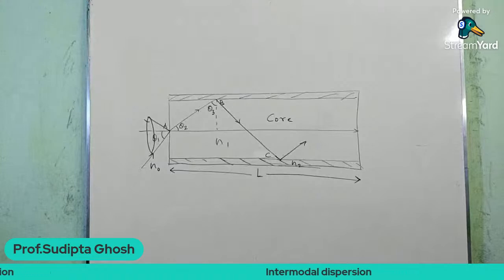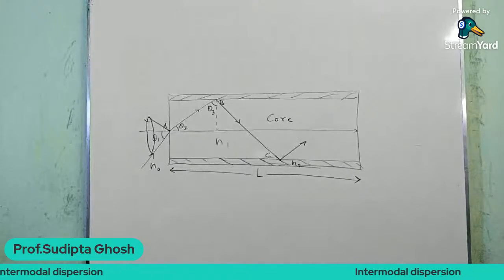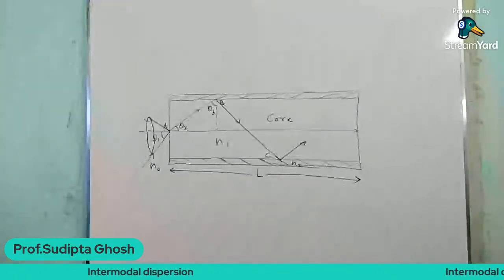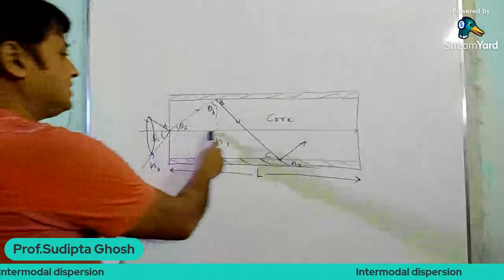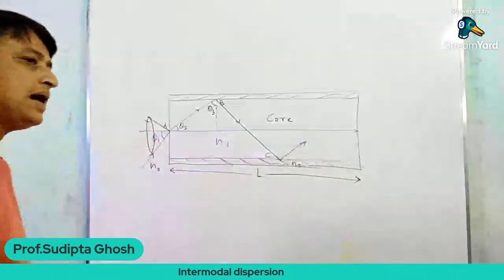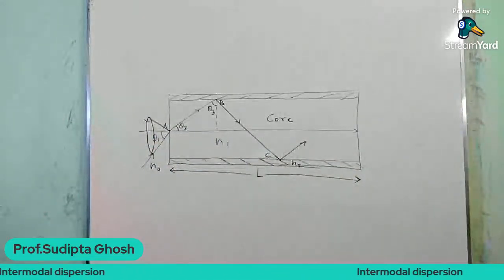From the figure we can consider that the ray traveling along the axis will take the shortest time, right? The light ray which moves along the axis of the fiber takes the minimum path and will have the minimum time to reach the end of the fiber.